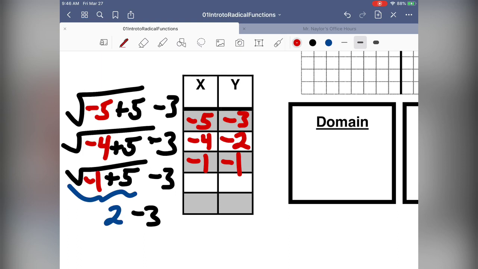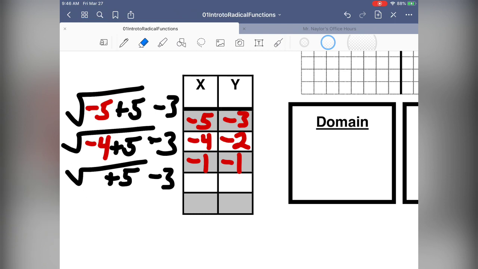So what would be another number that would be a nice number to plug in? What would be another number that would be nice to plug in here and add 5? Well, you want to be thinking about getting, again, a nice or an even square root. Okay, how about getting the square root of 9?